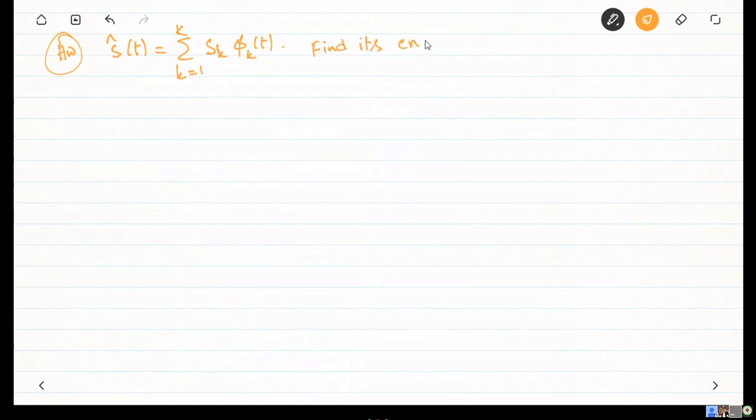Find its energy. In fact, we did this exactly in the previous phase, but I just wanted to see whether you got that point or not. So you just solve this and find its energy.